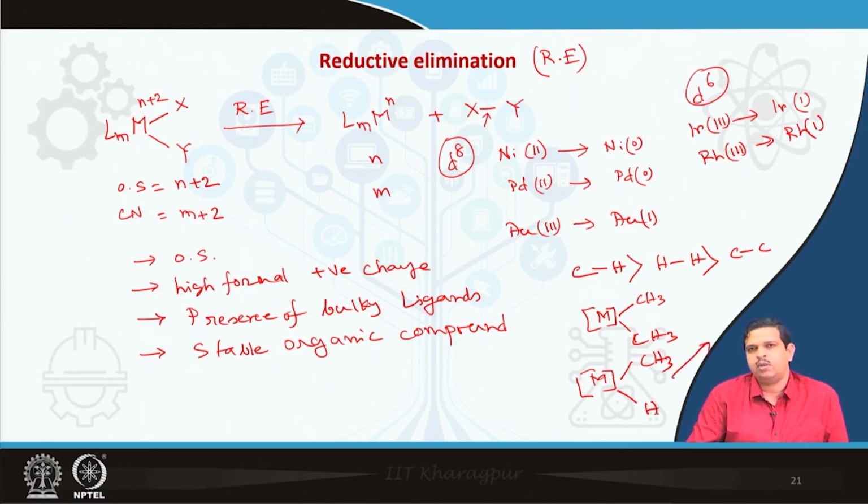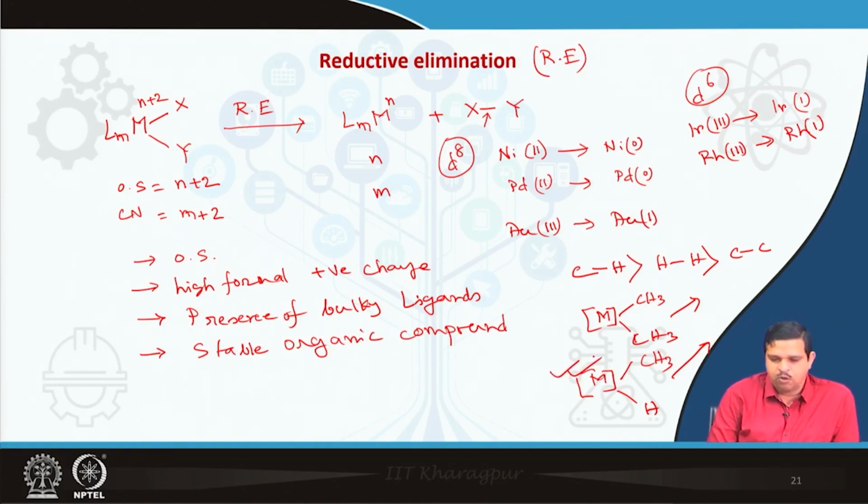You will get methane, that means you are forming a C-H bond, and here you will get ethane, that means you are forming a C-C bond. So, this will be more favorable. Okay. I hope you understand this concept. And another, the pi accepting ancillary ligands.